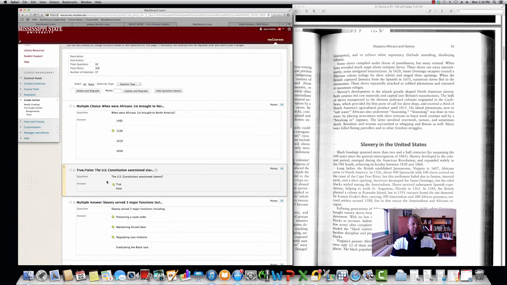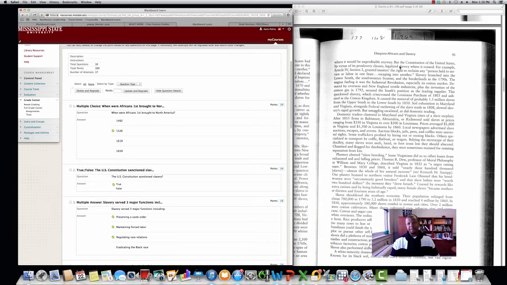Second question reads, the U.S. Constitution sanctioned slavery. So on page 95, right here, the Constitution of the United States, by virtue of its pro-slavery clauses, legalized slavery where it exists. So did the Constitution actually sanction slavery?